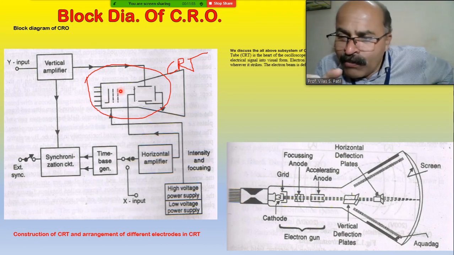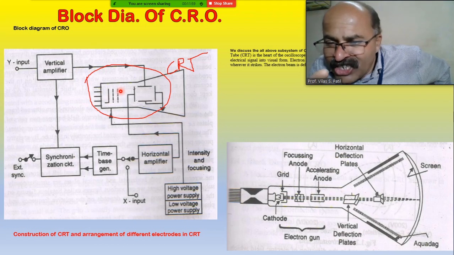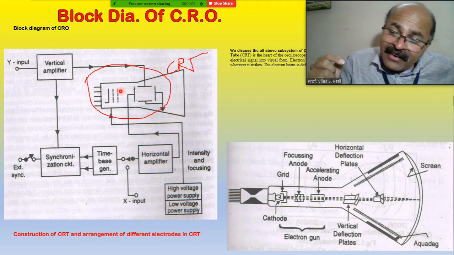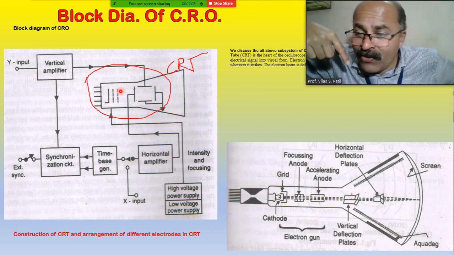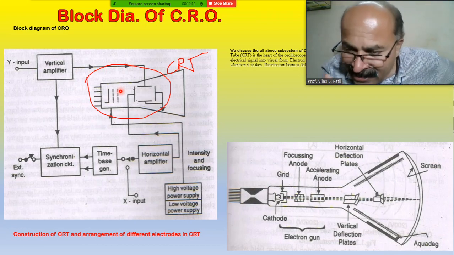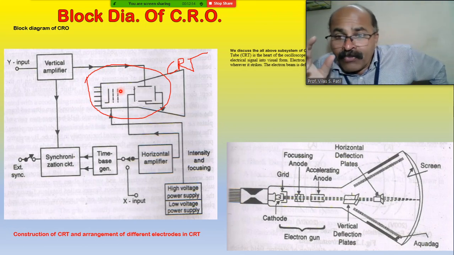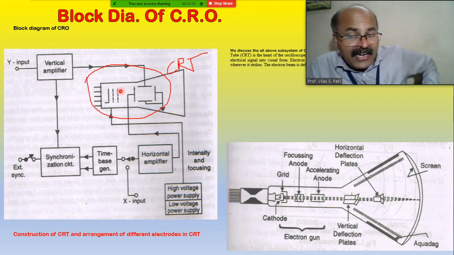It will work like a bullet gun. In a bullet gun we load the bullet, and when we fire the trigger, the bullet gets extremely accelerated and travels with high speed toward the target. Like that here, the electrons are created and the beam of electrons is generated.